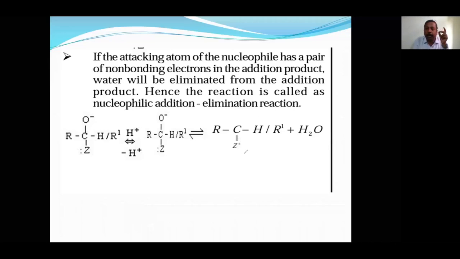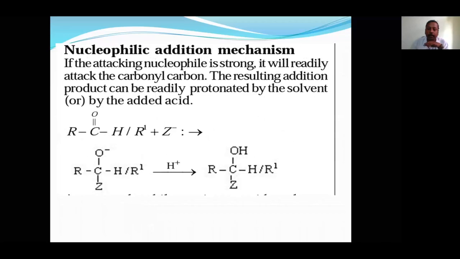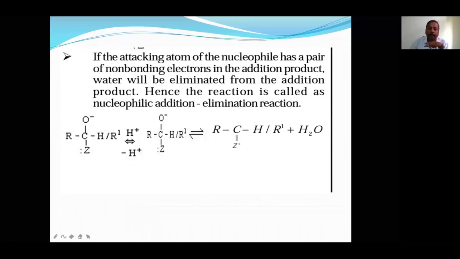Understood? In the previous slide, we have seen that when it is a poor nucleophile, acid catalyst must be used. When it is a strong nucleophile, this is the mechanism. Weak nucleophile, this mechanism. And nucleophile containing lone pair, this mechanism. Now let's see the next one.